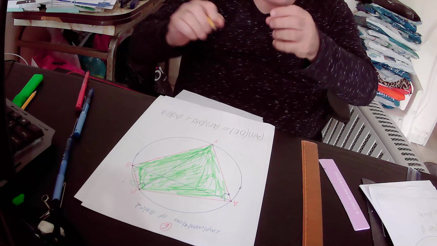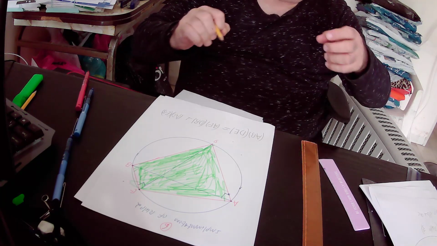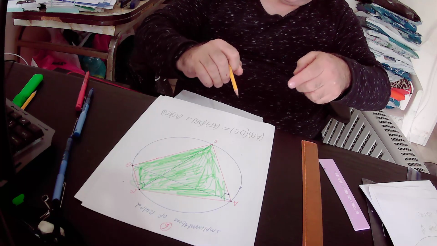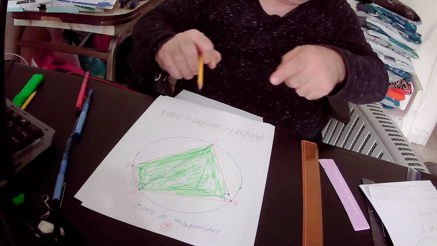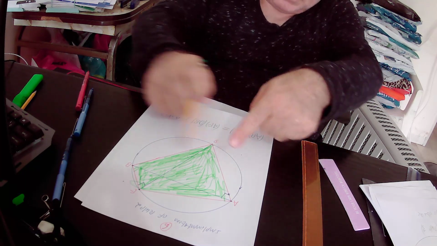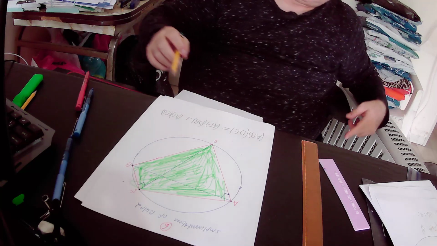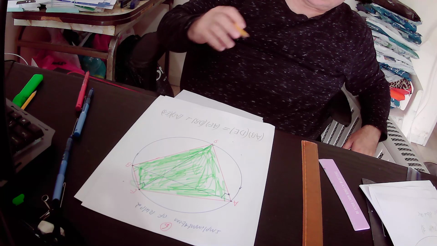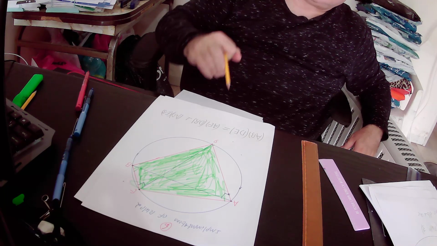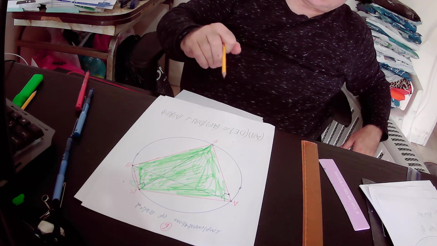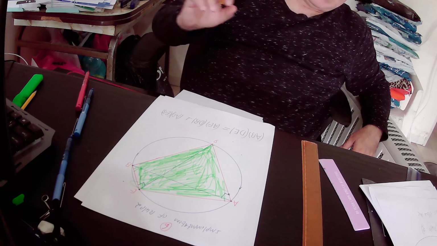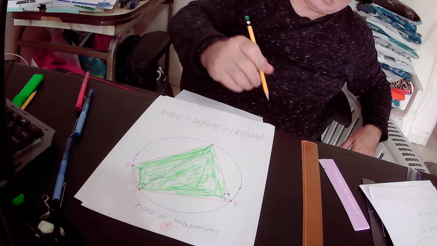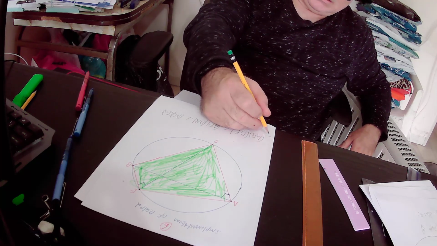And that sum equals the product of quadrilateral AEBD's diagonals, that is AB times DE. So that is equation number 3.